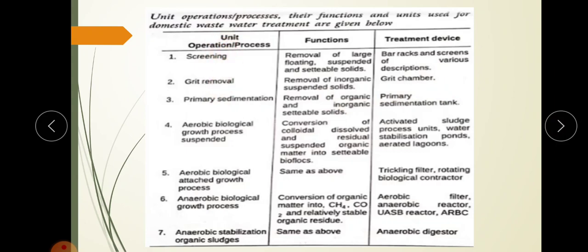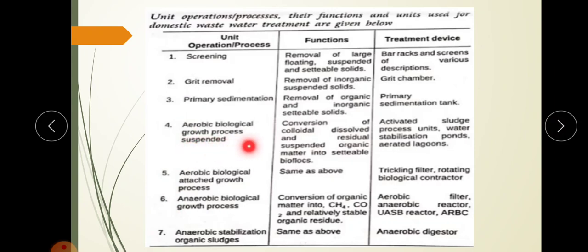Next is primary treatment, and the unit operation is primary sedimentation. Its function is removal of organic and inorganic settleable solids, and for that we are using the primary sedimentation tank. Then comes the secondary treatment, which is mainly biological treatment.